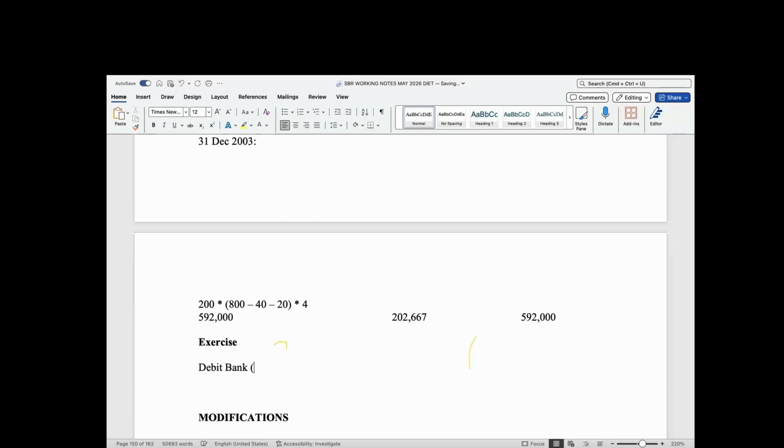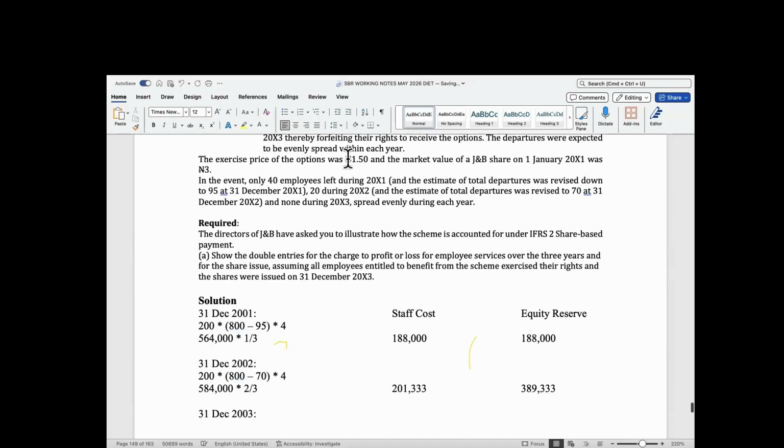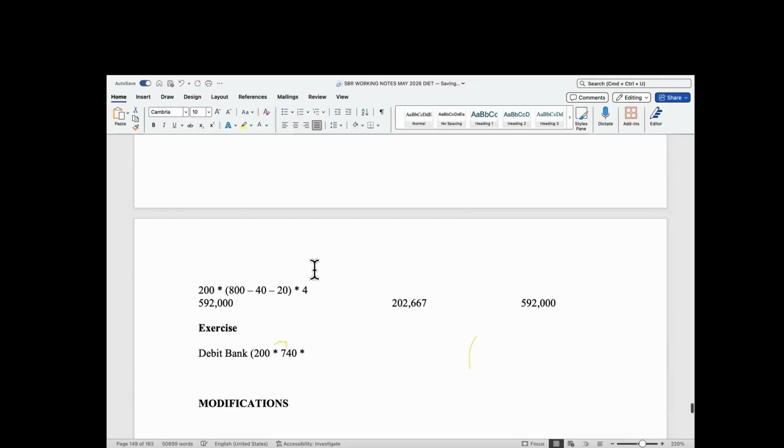So we are receiving money from how many employees? 740 employees. And how much are we receiving from them? 1 naira 50 kobo.